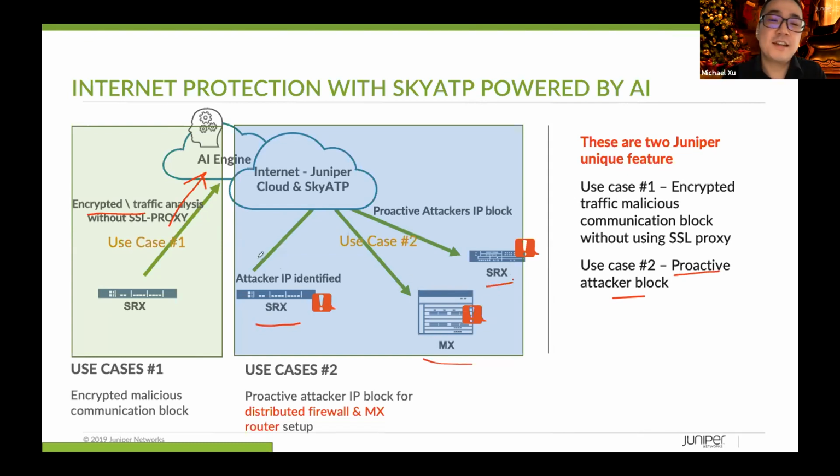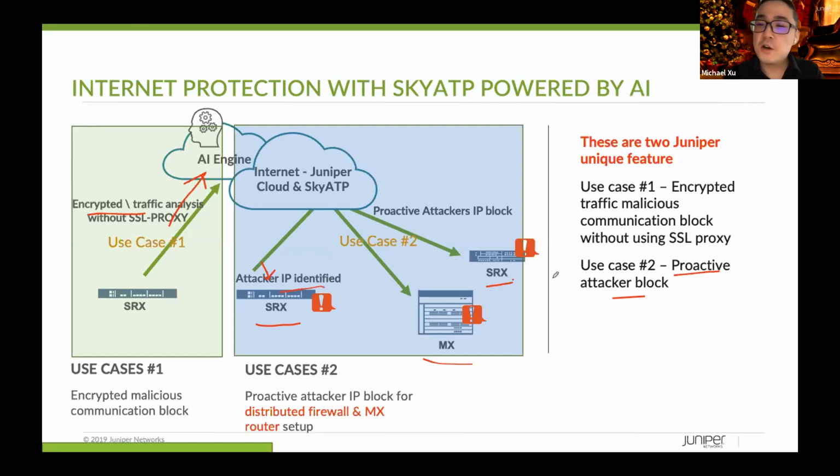Whenever an SRX device detects, for example, an attacker trying to brute force your website password, and it's captured by the SRX onbox IPS, the SRX onbox IPS is going to mark down the attacker's IP address.